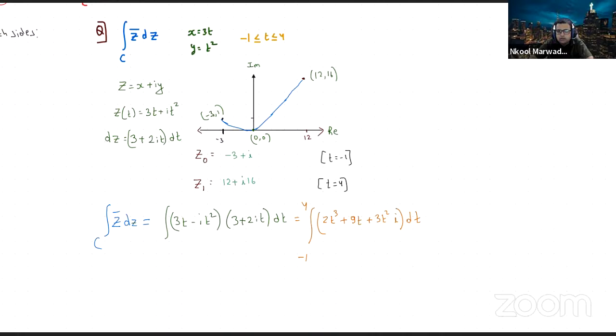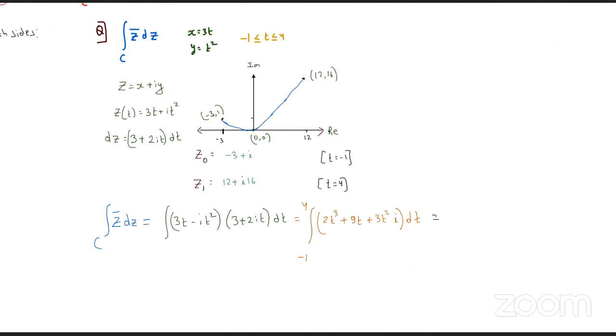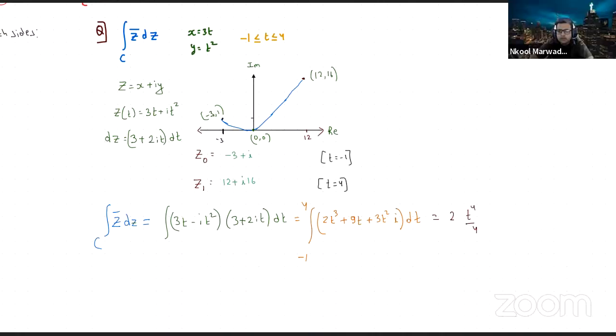Now I can solve this. So it will be 2t to the power of 4 by 4, integrating with respect to t, plus 9t squared by 2, plus t cubed by 3 with the i.